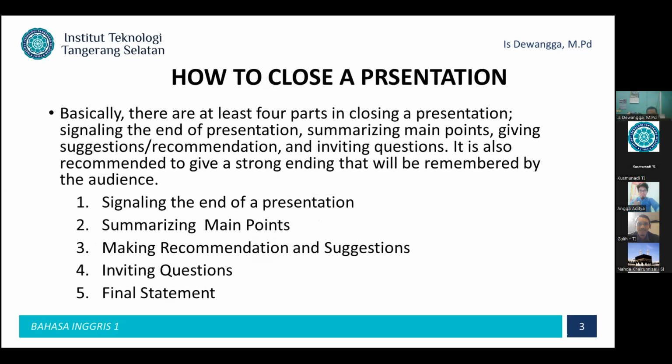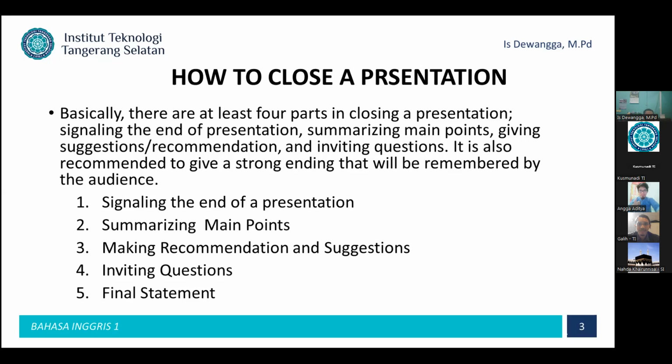So the first one, everyone, how to close the presentations. Basically, there are at least 4 parts in closing a presentation. Ini ada 4 bagian di dalam kita menutup presentasi kita itu sendiri. We have 4 parts. The first one, signaling.